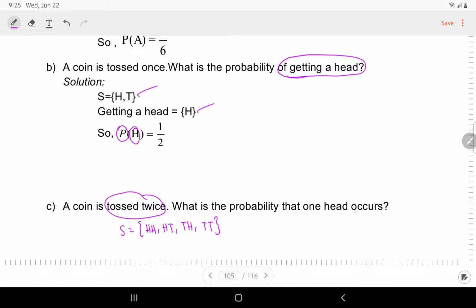And then event kita adalah dia nak 1 head occurs. 1 head maksudnya yang ni lah, HT dan TH. So ada 2 dekat sini. So probability of 1 head occurs is 2 divided by 4, which is 1 over 2 lah. Okay, so ini solution dia.